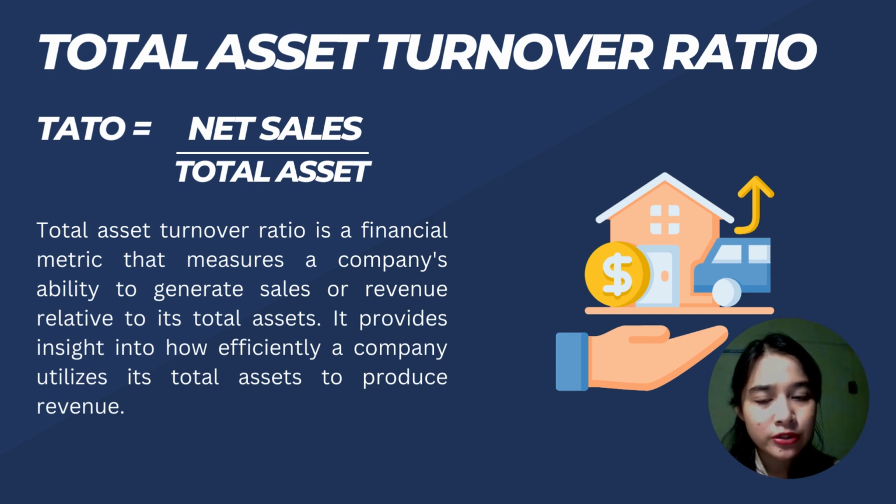TATO is a financial metric that measures a company's ability to generate sales or produce more revenue relative to total assets. It shows how efficiently a company utilizes its total assets to produce revenue.